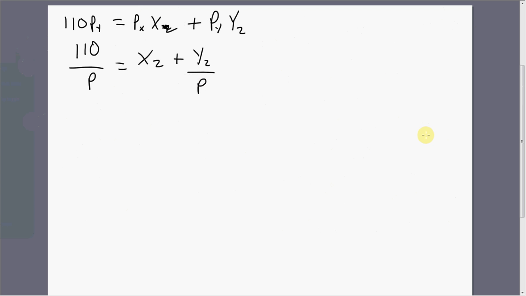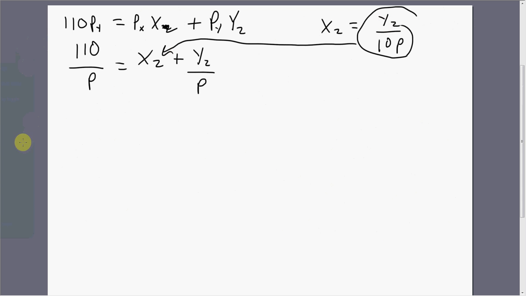Okay. And so from our last screen, we had good x equals good y divided by 10 times p. I'm going to go ahead and plug that result now into here.